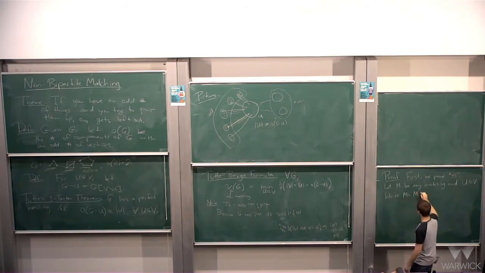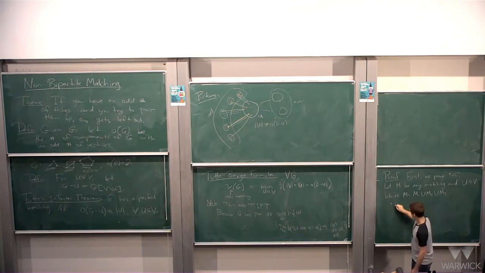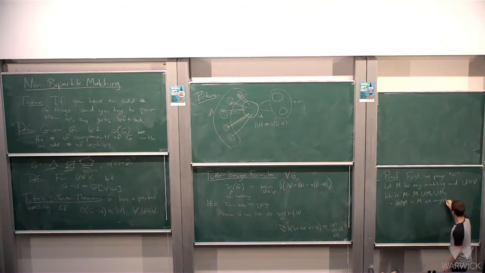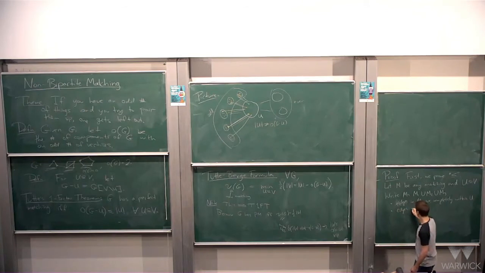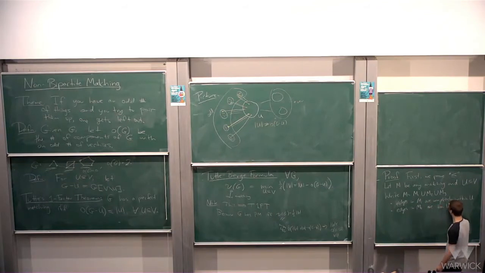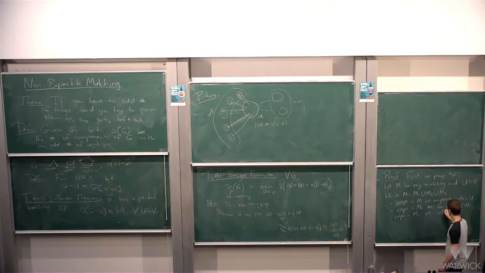M, you can write it as M1 union M2 union M3, where the edges in M1 are completely within this set U. Edges in M2 are from U to V minus U, and edges in M3 are completely within V minus U, right?